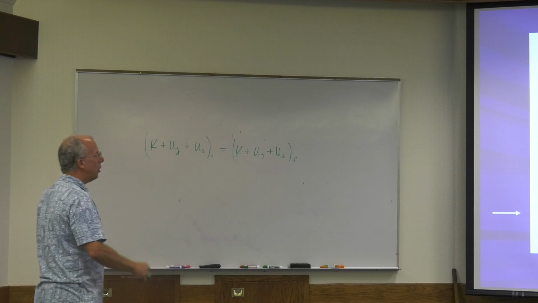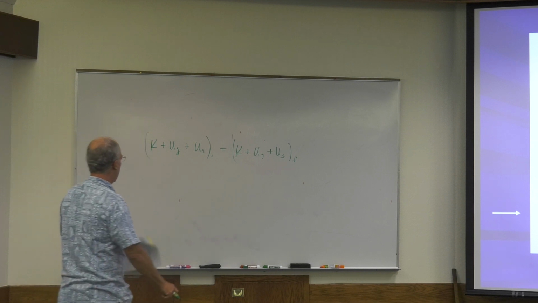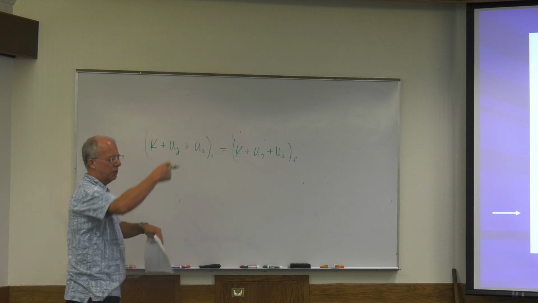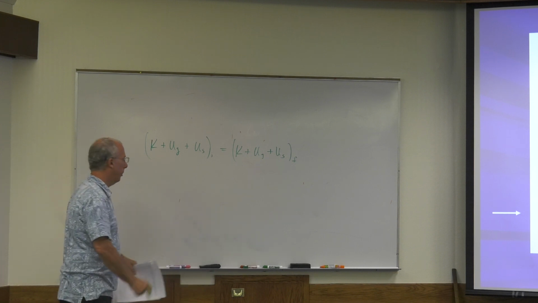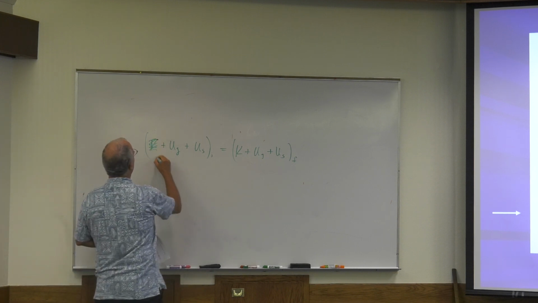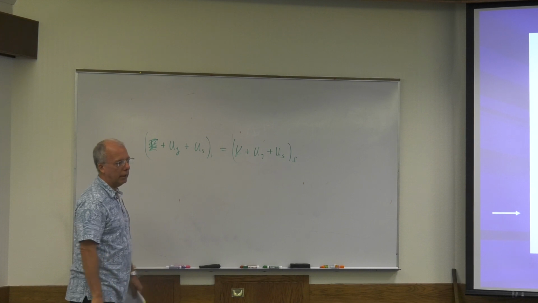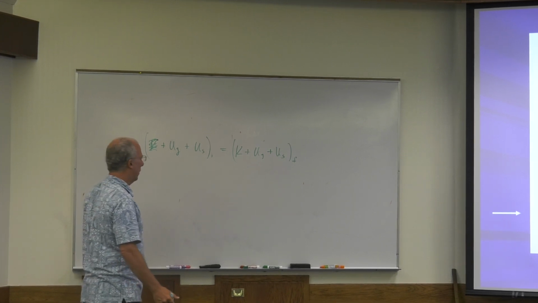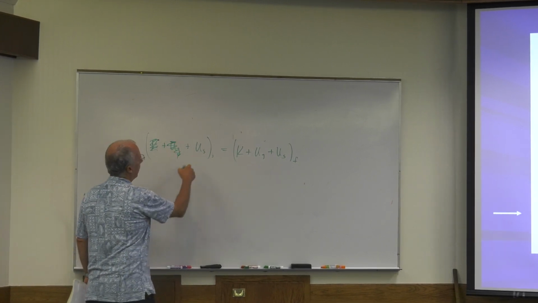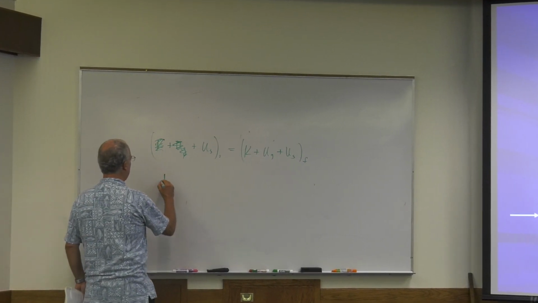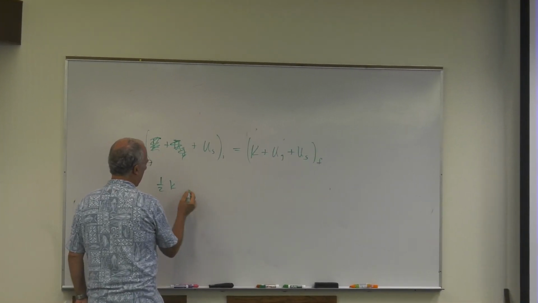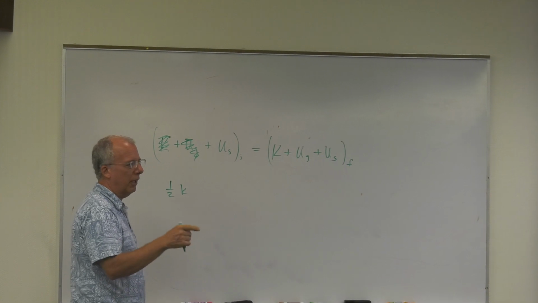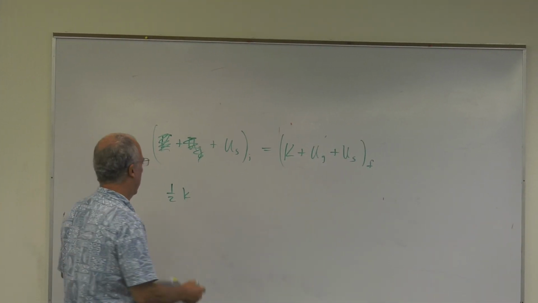Now initially, what's K? It's 0, right? We compress that spring, so that's 0. What's UG initially? 0. And we just have US, which is 1/2 K, what do we want to call it, delta S or something like that.